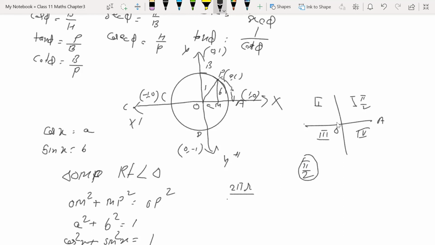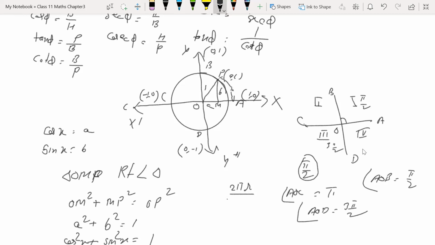A, B, C, D. It means this AOB is pi by 2, angle AOC is pi, angle AOD is 3 pi by 2, and this is 2 pi radians.